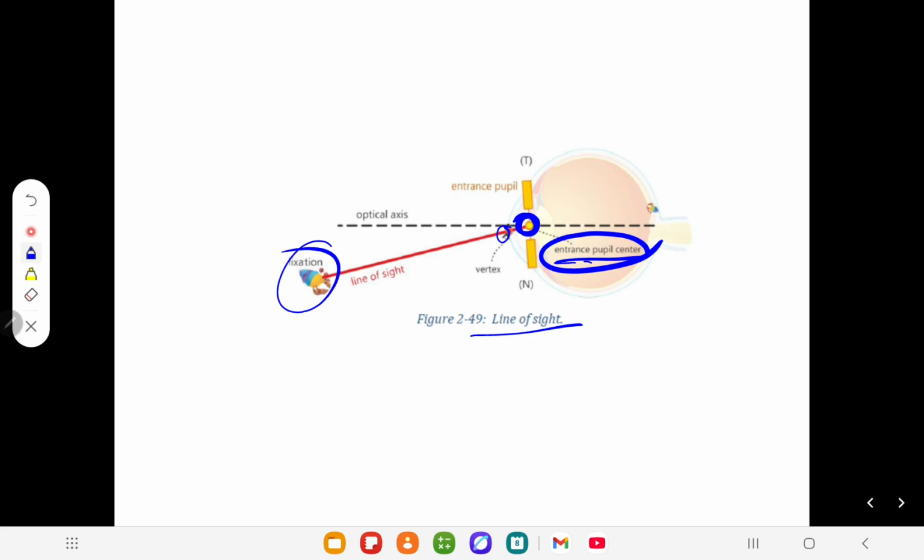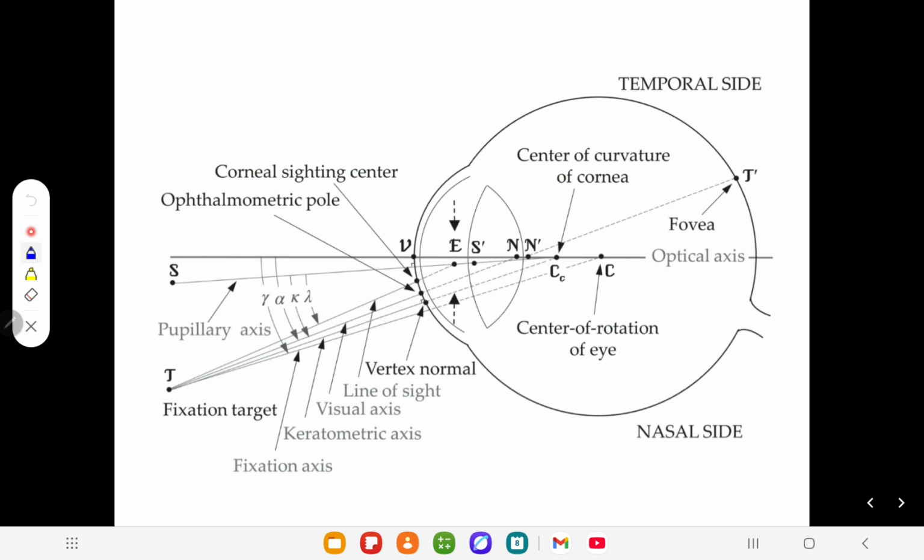Whenever someone asks what is line of sight, it is a line joining the fixation point to the center of the entrance pupil, not the center of the pupil. So this is the line of sight, from fixation to the center of the entrance pupil.